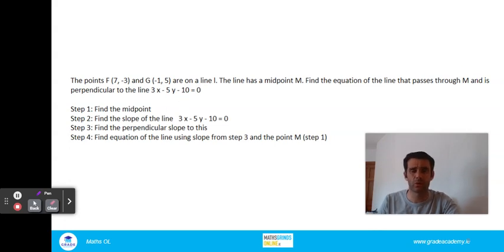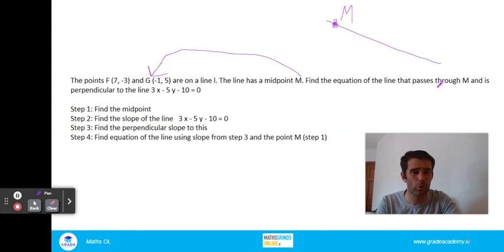Okay, so there's a lot going on there, guys. We have 2 points here. The line has a midpoint M. So straight away, we're going to be able to use the midpoint formula and work out M. Then it says, find the equation of the line that passes through M. So there's a line here. This might not be graphically correct, guys, but it passes through the point M, which we now are going to know, and is perpendicular to this line here.